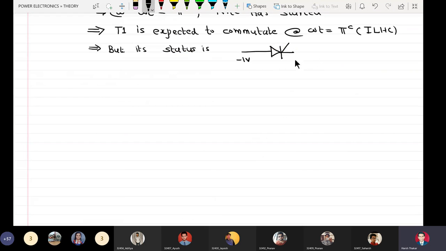Minus 1 volts at anode, minus 20 volts at cathode. Okay, that is why it is forward biased.